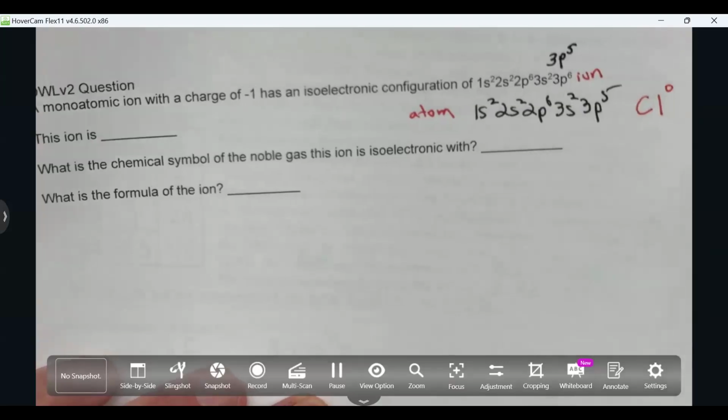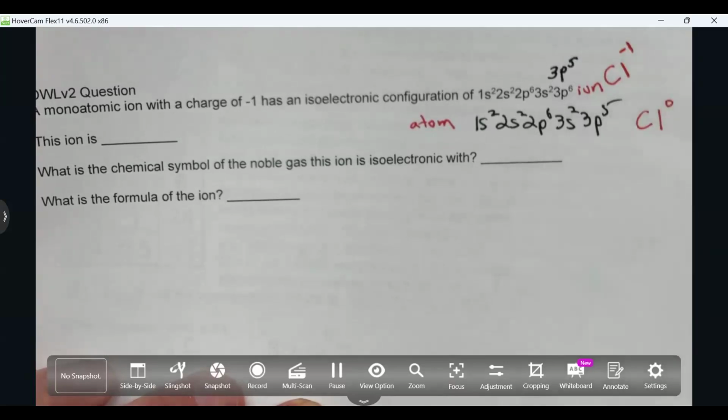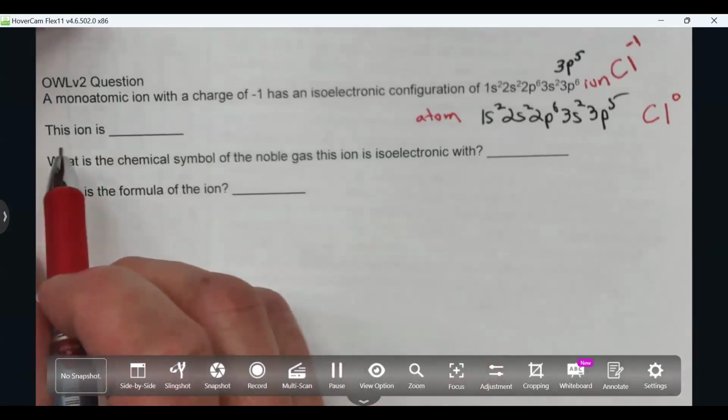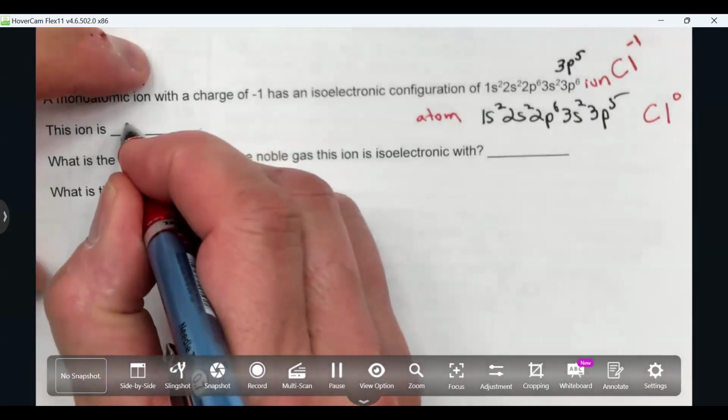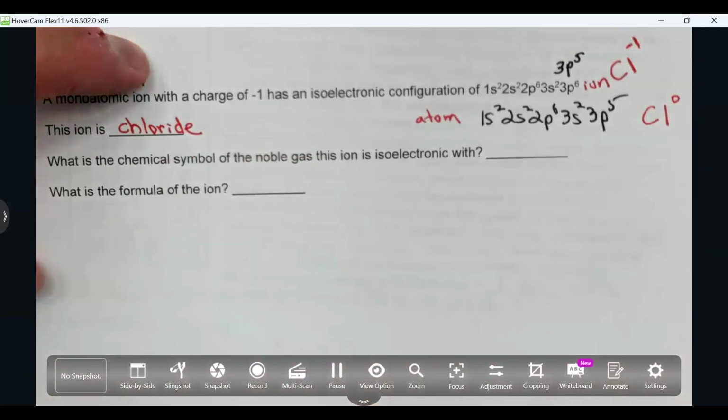Chlorine, 17 electrons. This ion here is the chloride ion. So I'm thinking the ion is, I think it looks for a name here, chloride.